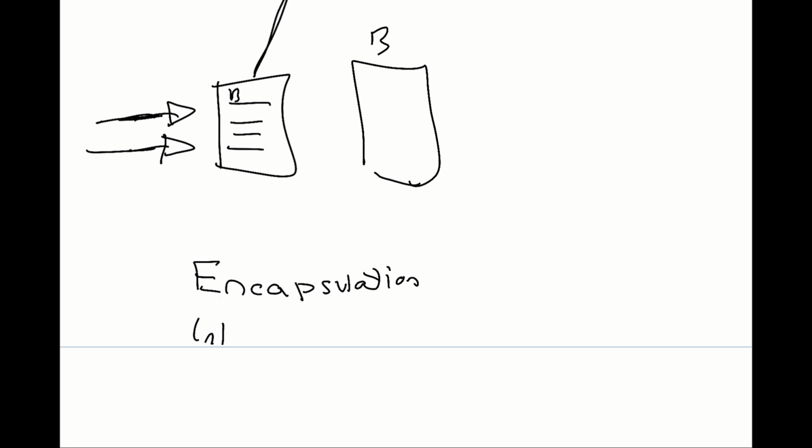We also have inheritance. That's the other important concept of object-oriented programming. And then you have polymorphism. So these are like the key parts of what object-oriented programming is.